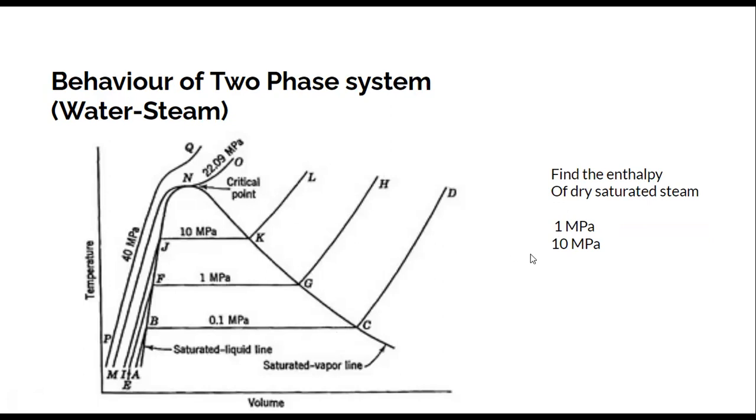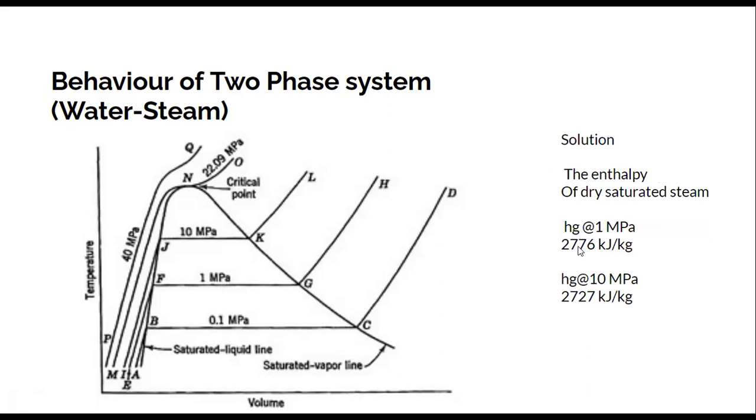You'll get this answer: Hg at 1 megapascal is 2776, which I had shown you from the steam table, and Hg at 10 megapascal is 2727. Let us just confirm this again. Let us go back to the steam table.